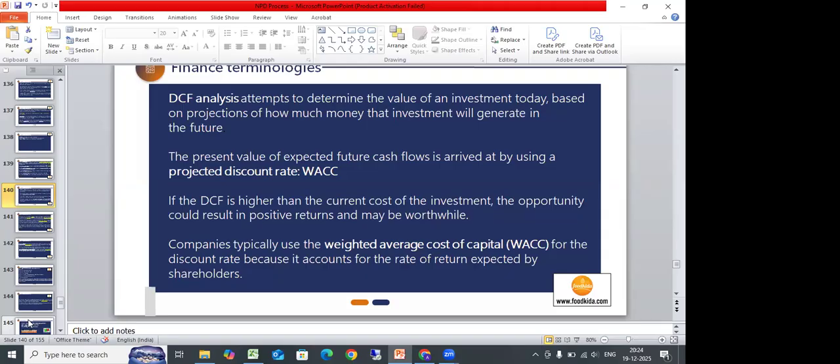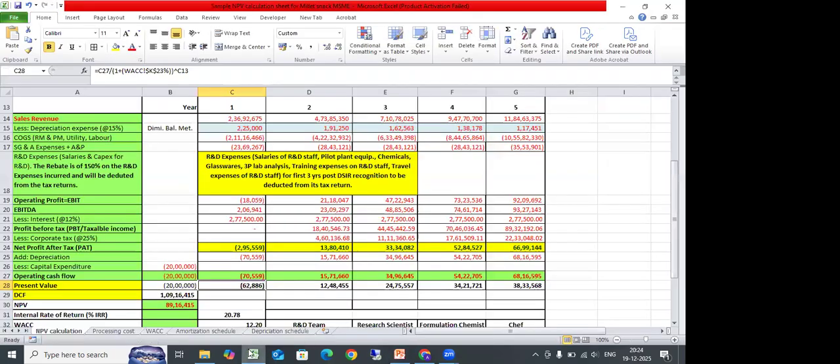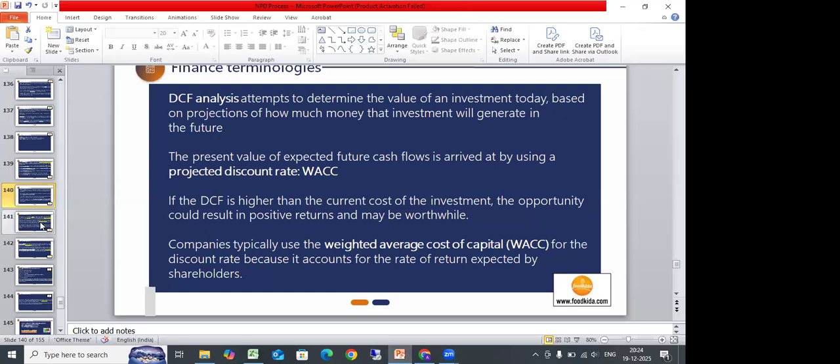So the thumb rule is DCF should be higher than the current cost of investment. Companies typically use the weighted average cost of capital as the discount rate because it accounts for the rate of return expected by shareholders. This is the formula, which I have written in this sheet.